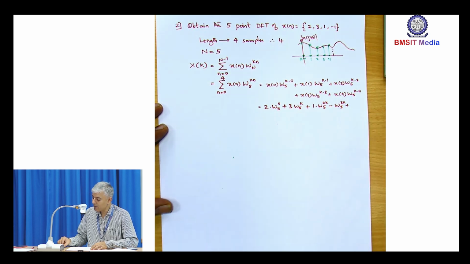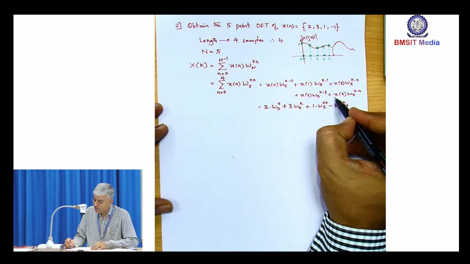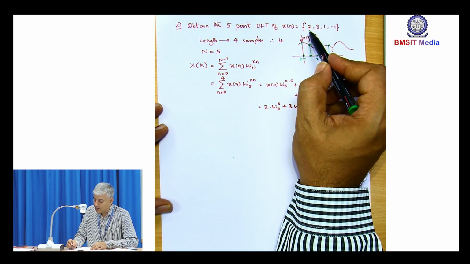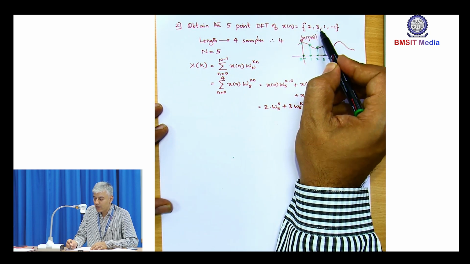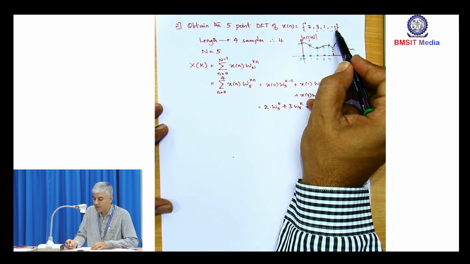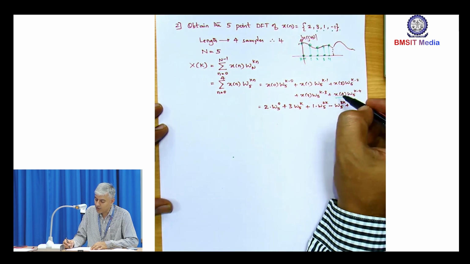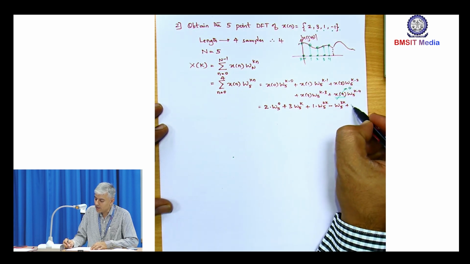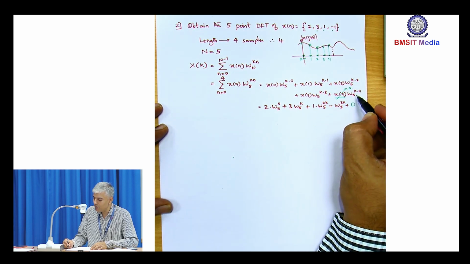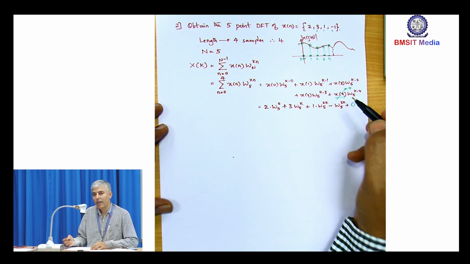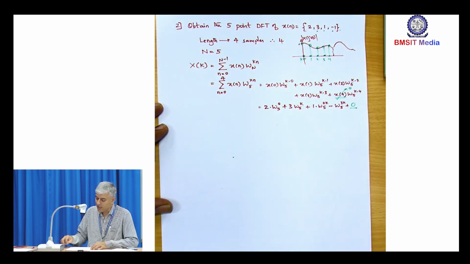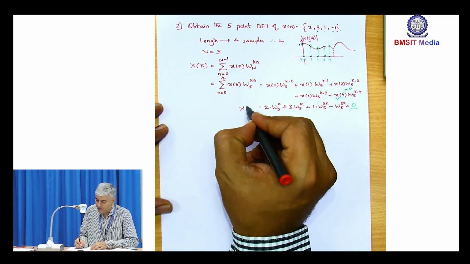This is x of 0, x of 1, x of 2, x of 3, and there is no x of 4. So this value itself is 0, and I can write 0 into W_5 raised to k into 4, which happens to be 0. So I'll just end it with 0 over here. So this is the expression X of k.